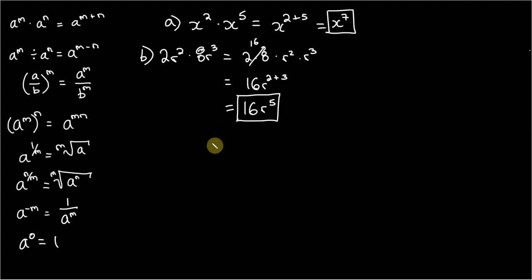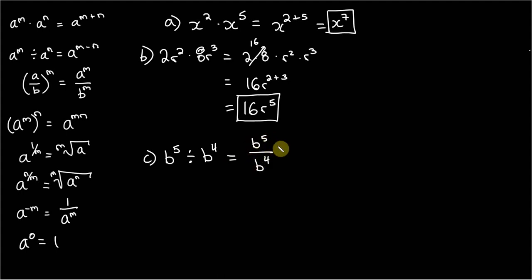Okay, so let's do another. With the next one we'll think a bit about the quotient property. Let's just start with something simple. Say we have b raised to the power of 5 divided by b raised to the power of 4, which is the same as writing it this way.